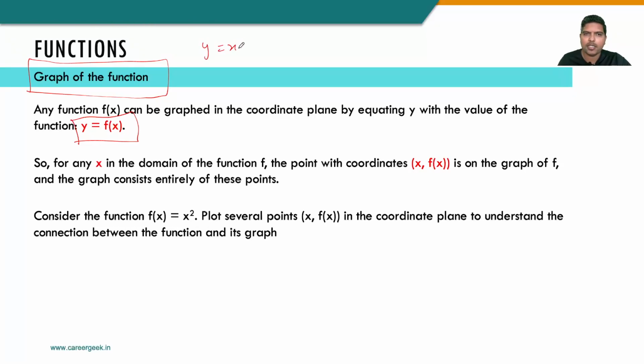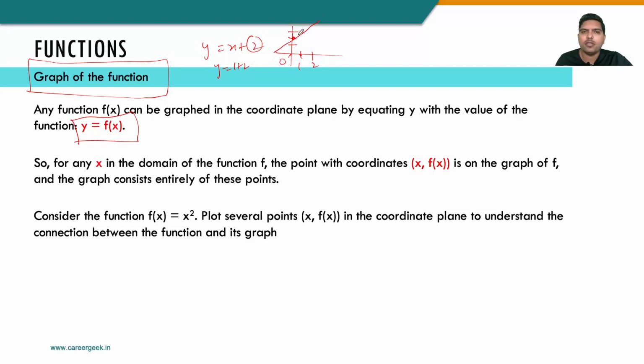So for example, y is x plus 2. If I have to find the value of y when x is equal to 1, the y value is 3. So the point on the graph is something like this, right? And when x is 0, which is here, y is 2. So I can draw a line like this.